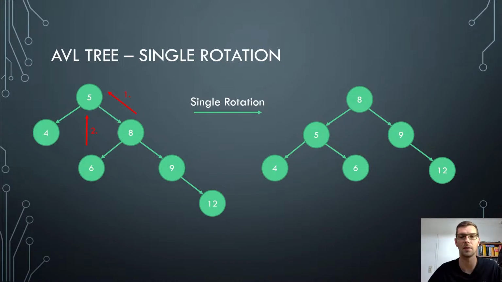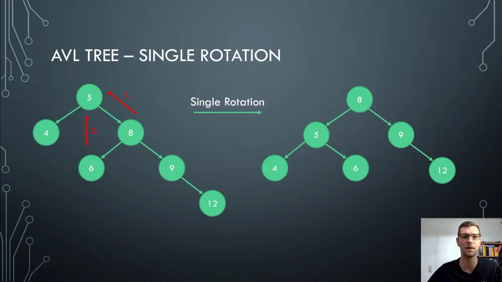But there is a certain condition on that, and that is that the subtree on the right in this case of the 8, the 6, so it's from the 5 the right and then the left, it is the 6.